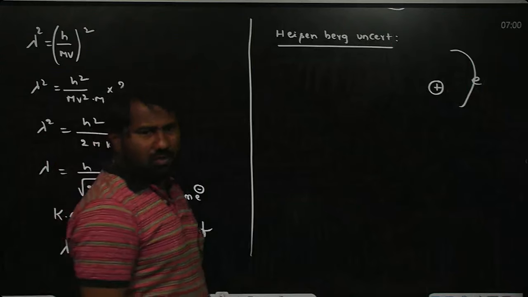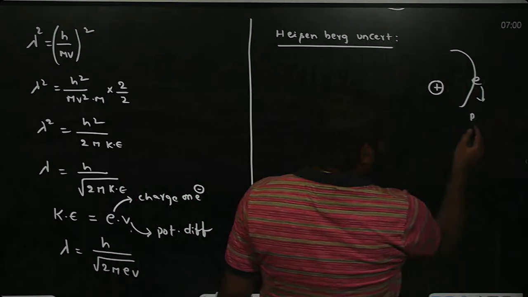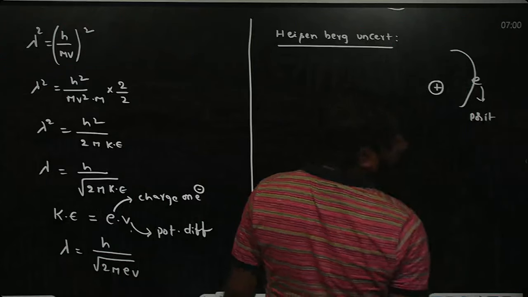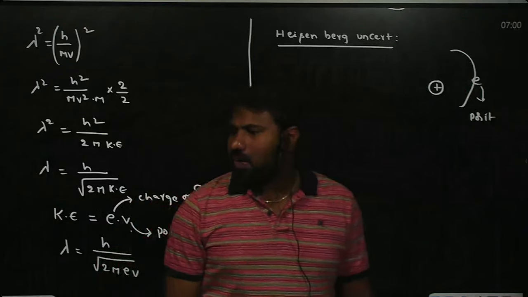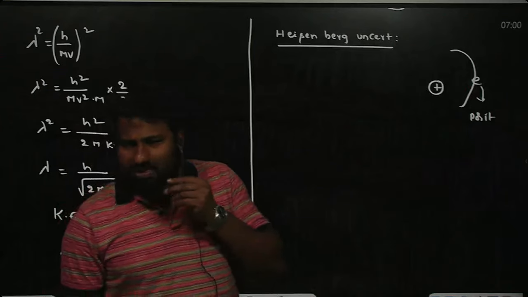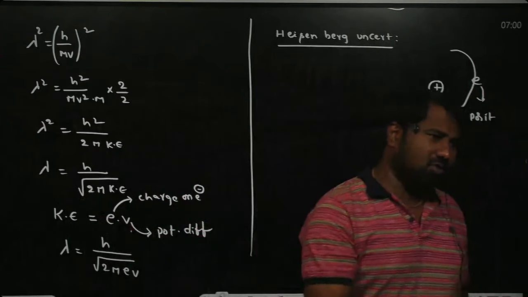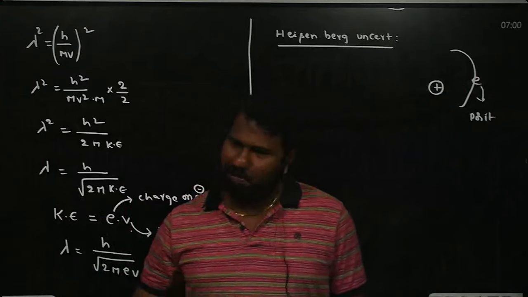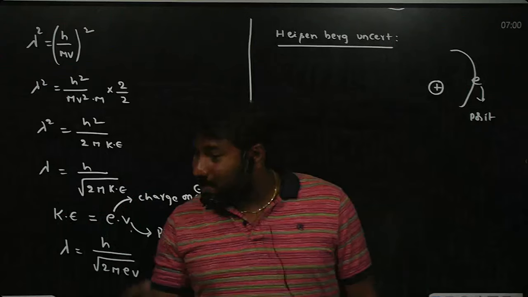If you need to find the exact position of an electron, if you need to see an object under a microscope or any ultra microscope, what is the basic thing needed?